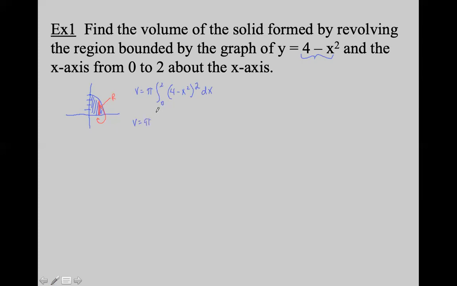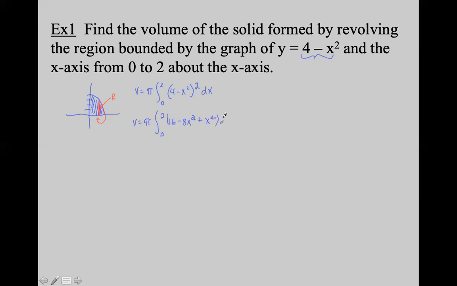I'm going to have to FOIL that all out. I think we had the same curve before. So 4 squared is 16. 4 times negative x squared plus another one of those would be negative 8x squared. And x squared squared is x to the 4th, dx.